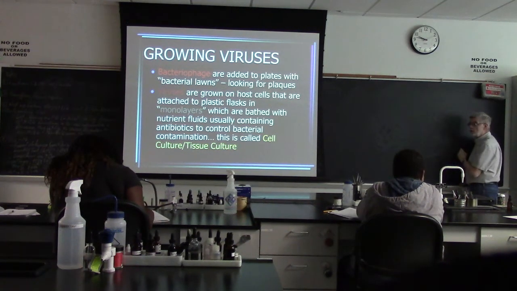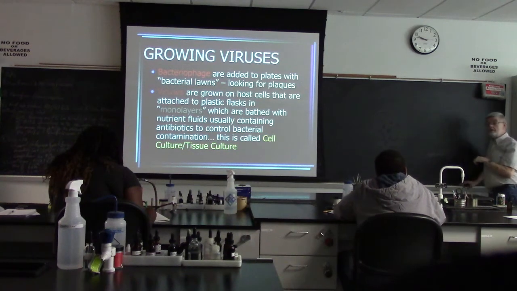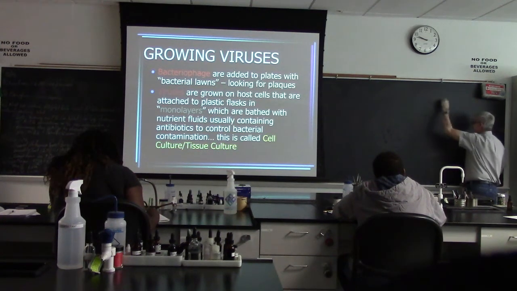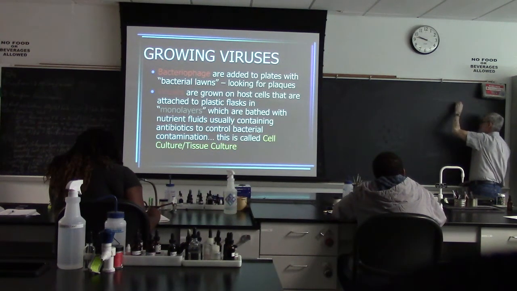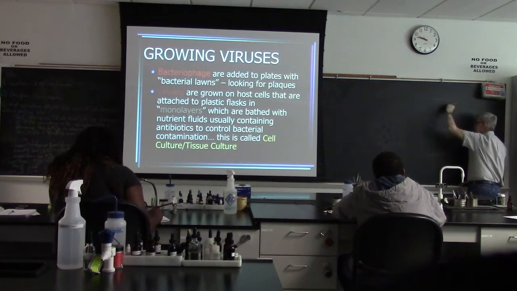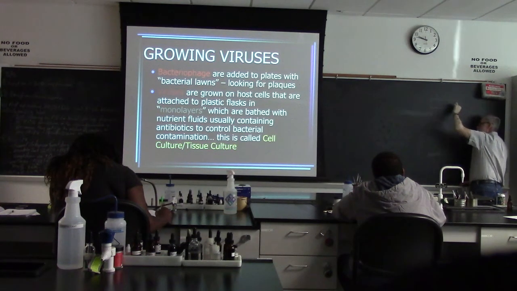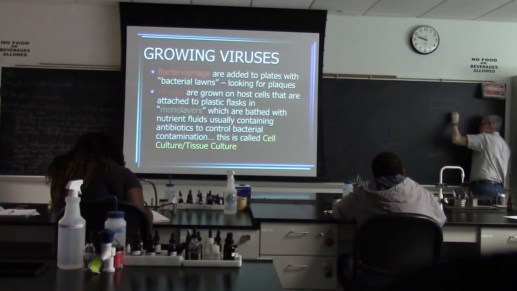But if you're going to grow viruses like herpes that grow on epithelial cells, you get a plastic flask that looks like this, and you grow them on a single layer of human cells at the bottom called a monolayer.